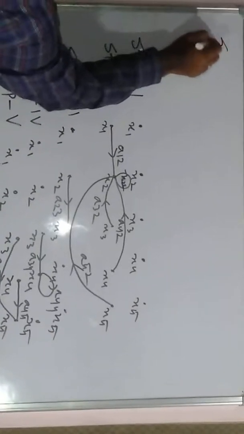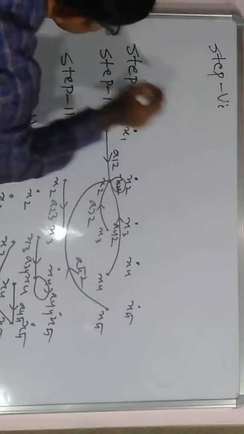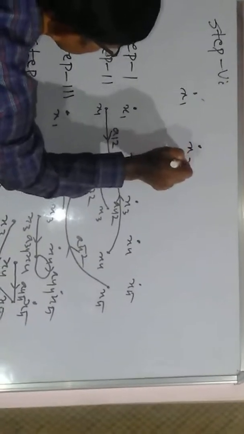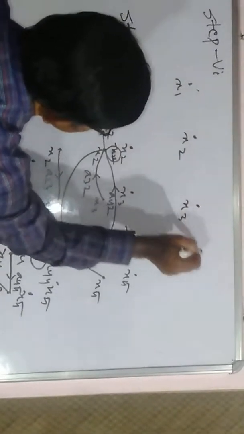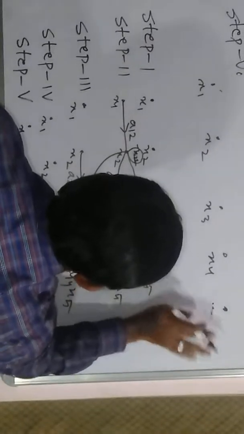That is step 6. So this is x1, x2, x3, x4, x5.